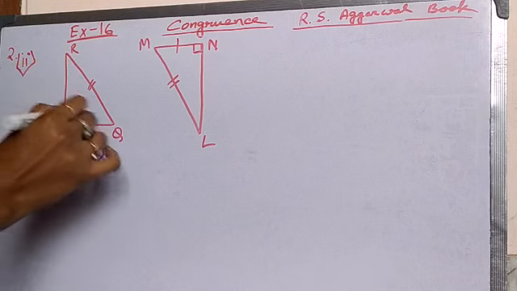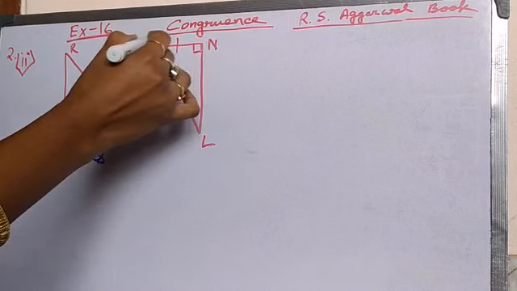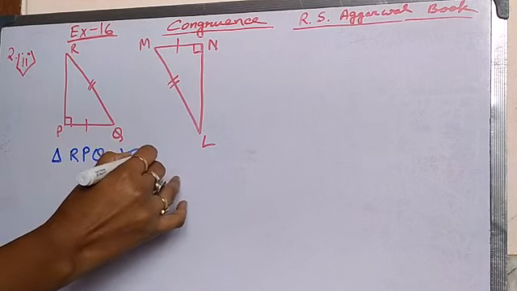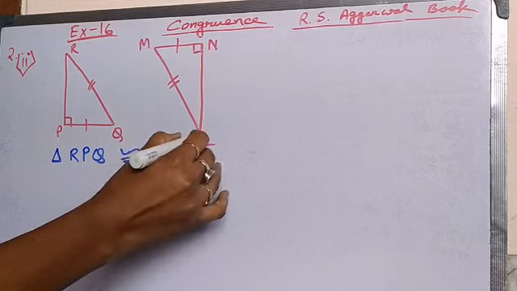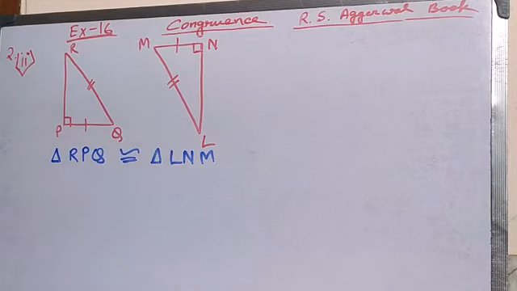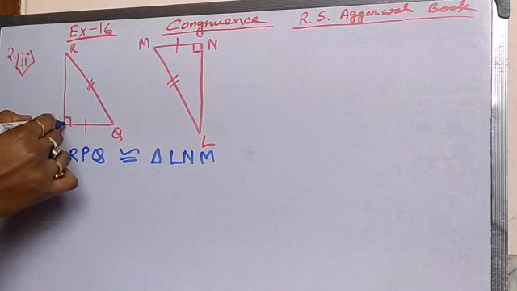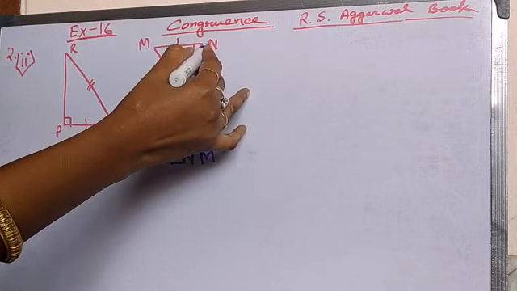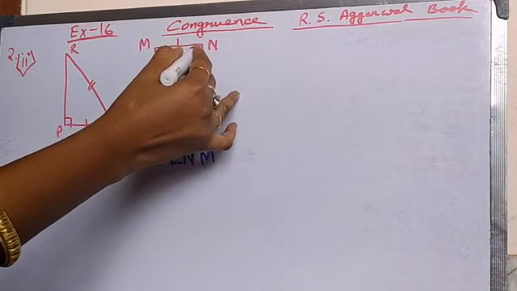So I am writing here triangle RPQ congruent to triangle LNM, because after R, a 90-degree angle is formed at the point P, and after L, at the point N, a 90-degree angle is formed.